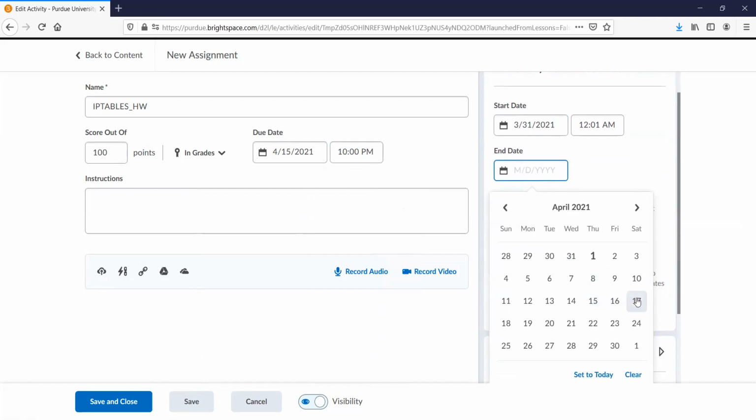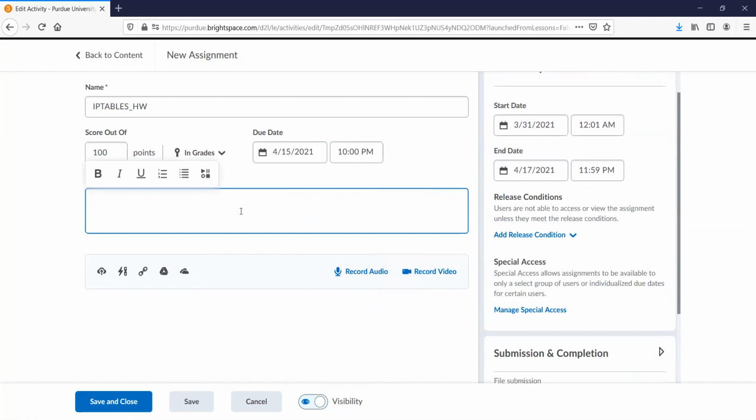It'll stay open until the 17th. And so complete the attached Word document with the 10 IP tables related problems.